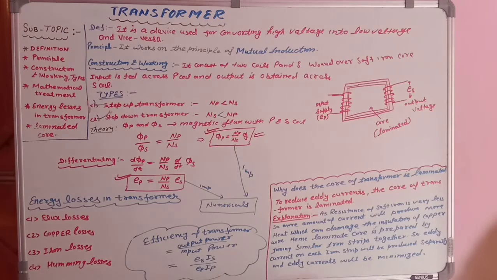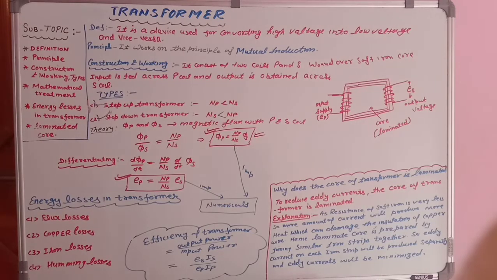Now let us see its mathematical treatment. Mathematical treatment means mathematically how can we write it. Okay, so students, let us suppose coils are on both sides. Phi means magnetic flux. So let us suppose that phi P is the magnetic flux in the primary coil and phi S is the magnetic flux in the secondary coil.